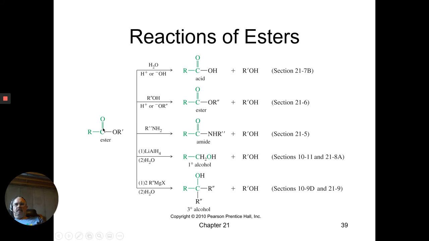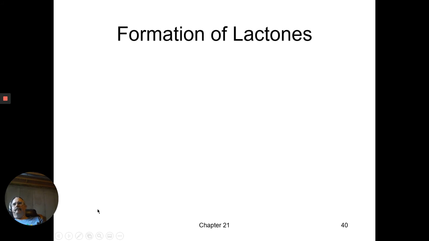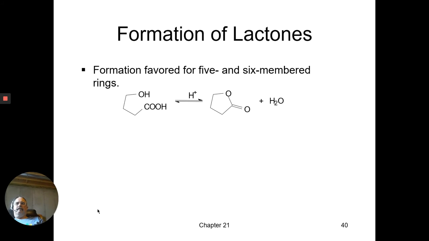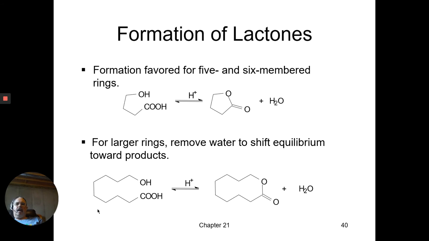We can also react esters with two equivalents of Grignard to form tertiary alcohols. Lactones, or cyclic esters, are most easily formed if we are making a 5 or 6 membered ring.